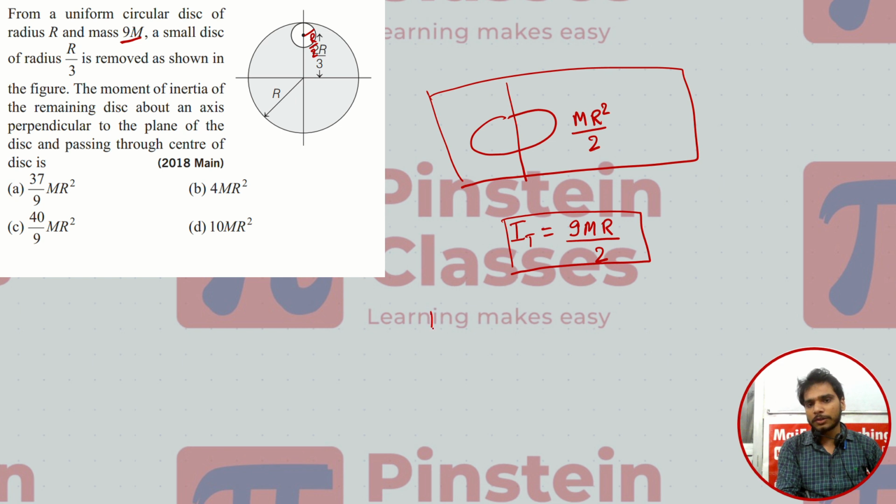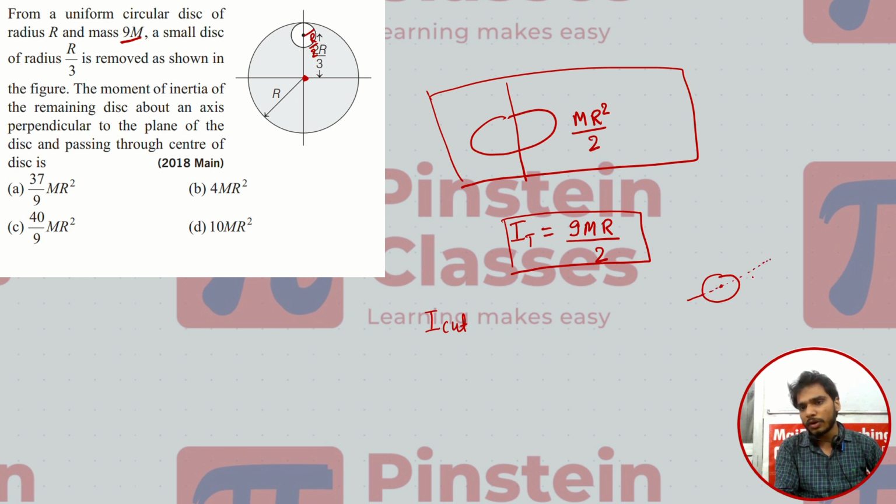Now the moment of inertia of this cutout portion about its center of mass will be, so first let us calculate the moment of inertia of this cutout portion about its center.